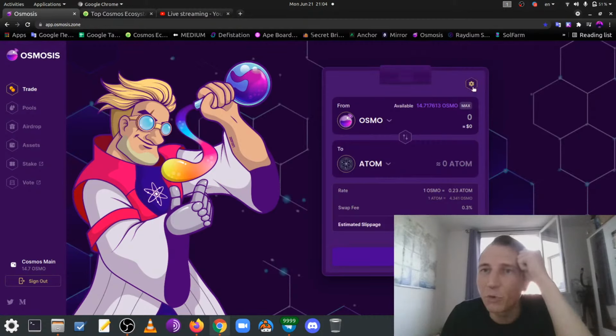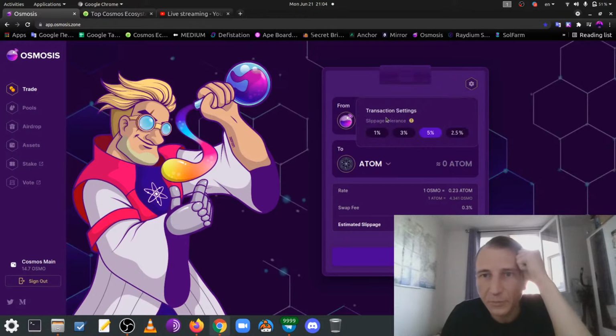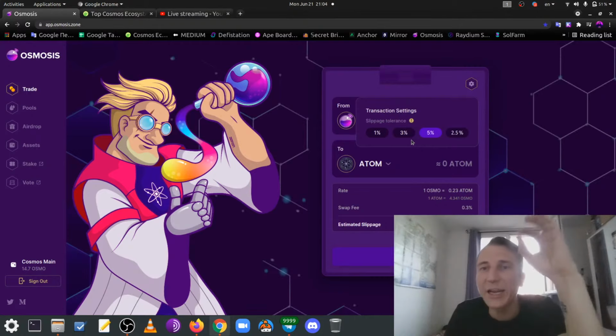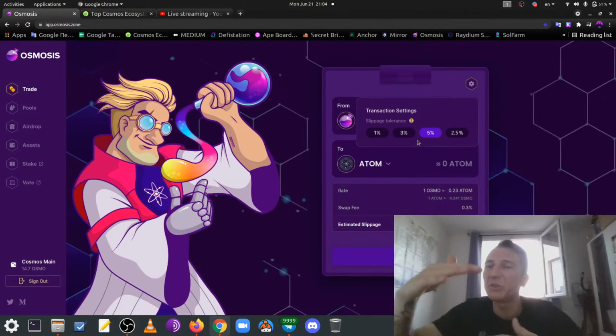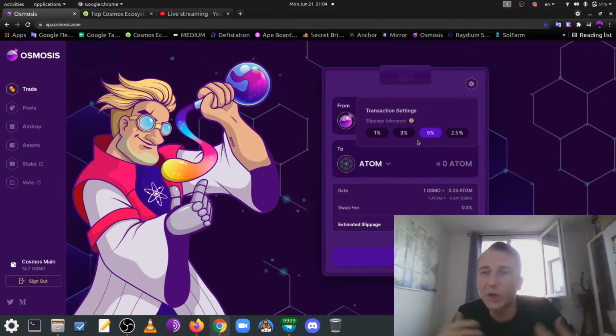We have a small menu here, settings, transaction settings, and slippage tolerance. What does slippage tolerance mean? It means that you are ready to lose part of the tokens in the process of swapping, because the price can change. For example, you want to change 100 tokens to 1000 other tokens.